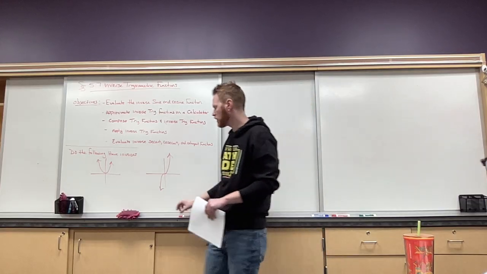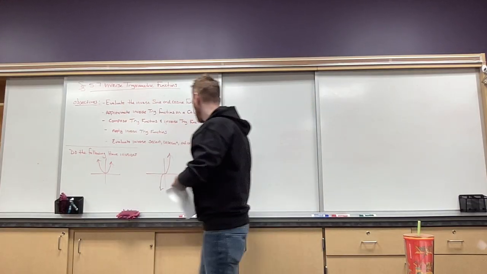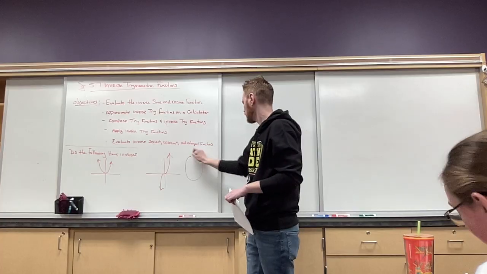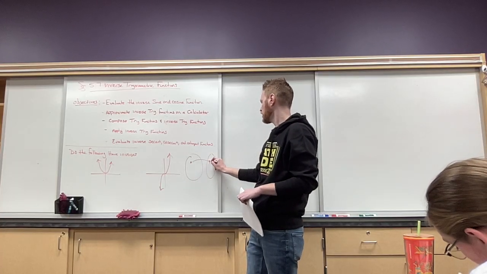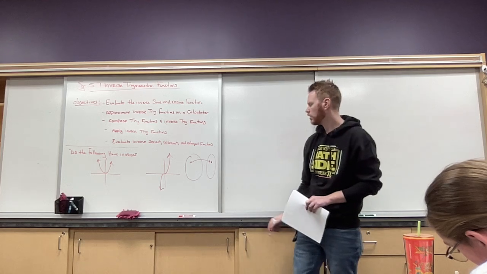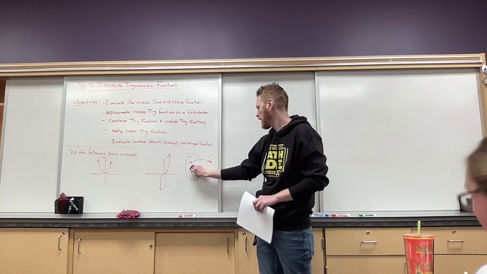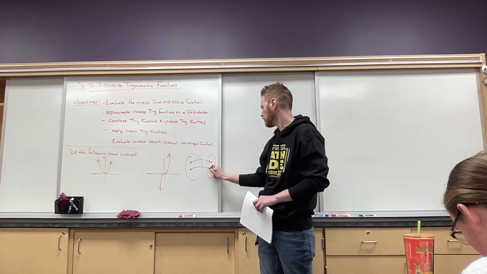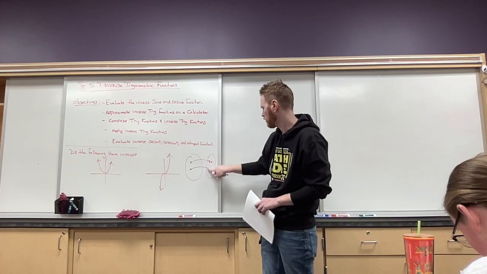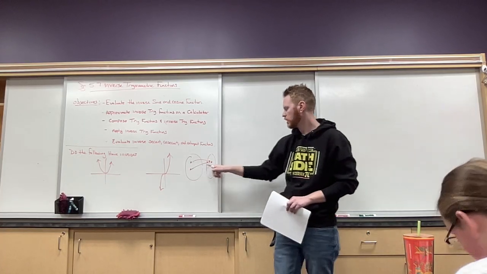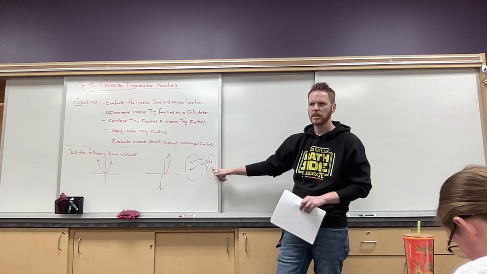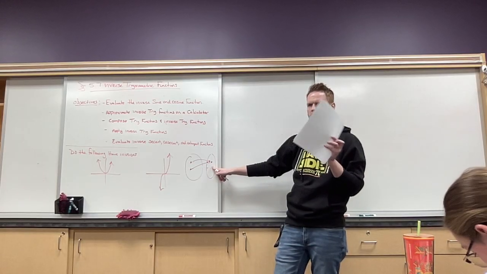So if you remember, the reason why that's so important, I'll just draw a small little picture here. If I had some number that gets mapped over to some number in the range, right? If I have two inputs that give me the same output, inverses go backwards.